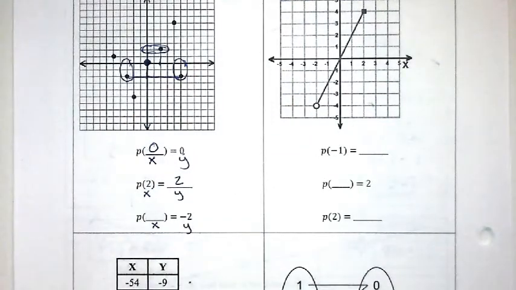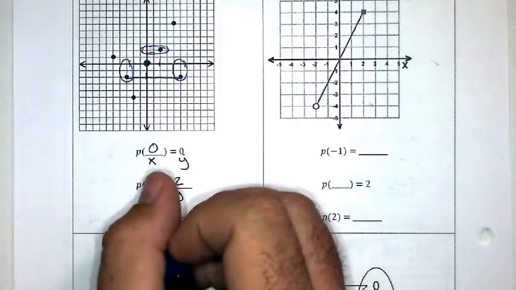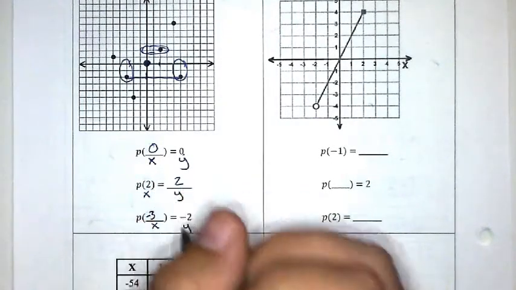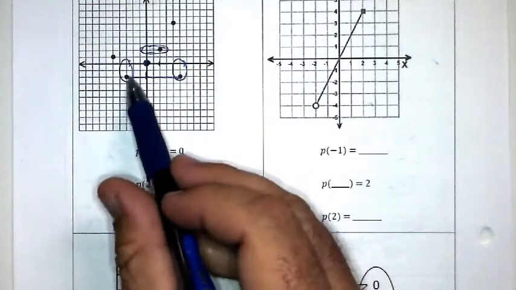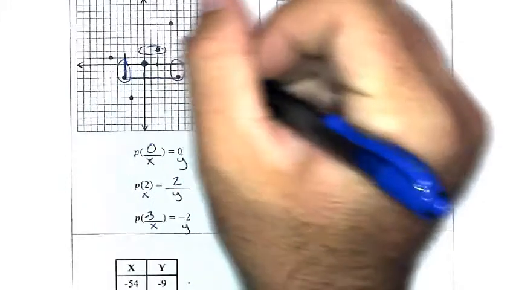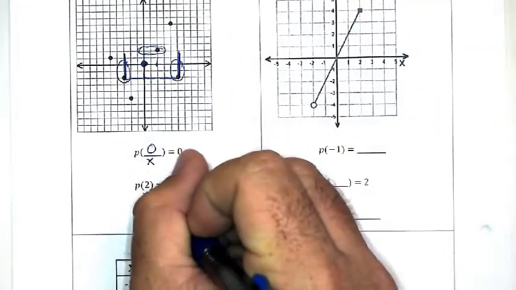Hopefully you said -3 is the first x value. Right here. The second x value is 5. Yes, you can have more than one x value for each y value.